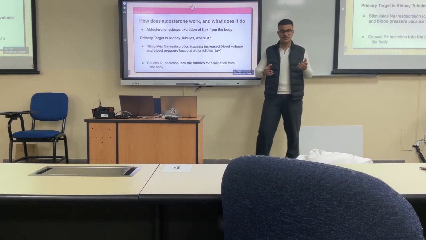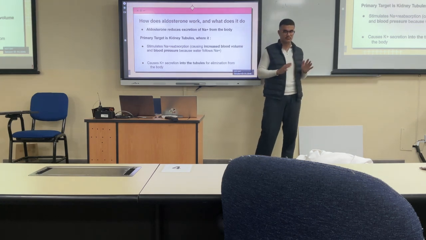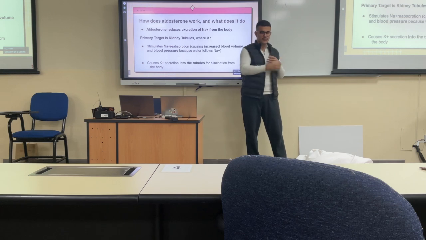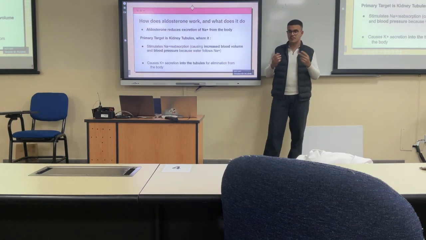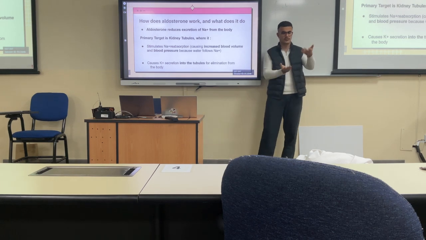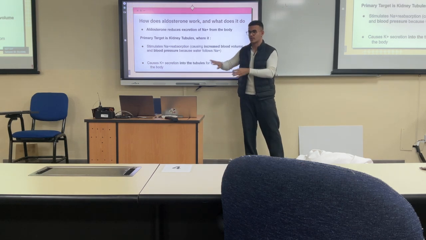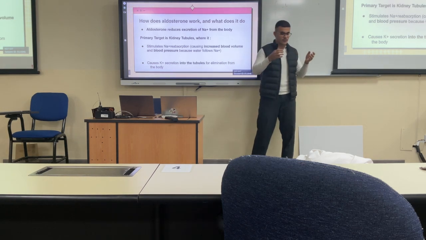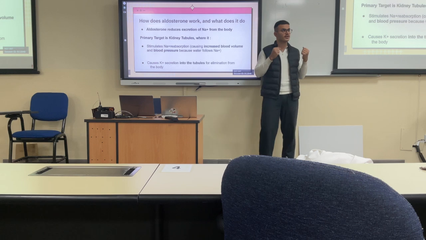Okay? The kidneys are constantly filtering our blood and our circulation. In the circulation, we have many ions, many salts, including sodium and potassium. Just keep in mind, these are the kidney tubules. Whatever stays in the kidney tubules is going out of the body with the urine. So what aldosterone is going to do is reabsorb sodium, because aldosterone loves sodium.